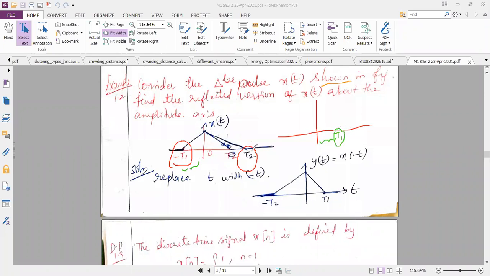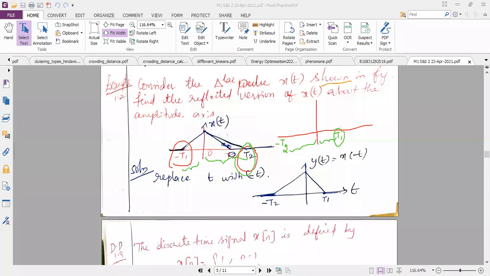Similarly, in the original diagram, I have t2. So using the reflection concept, the plus t2 should be changed to minus t2. So I have to label minus t2 along the negative x-axis, and you make sure the distance you maintain is the same. So I have tried to maintain the distance same.